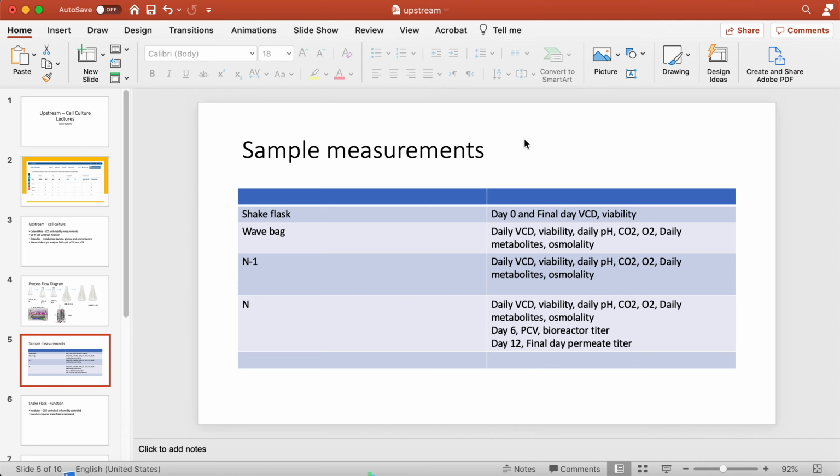One thing you have to keep in mind is sample measurement. For shake flasks, they do the sample measurement on the floor: day zero and final VCD and viability. For the wave bag, daily VCD and viability, daily pH, CO2, O2, daily metabolites and osmolality.